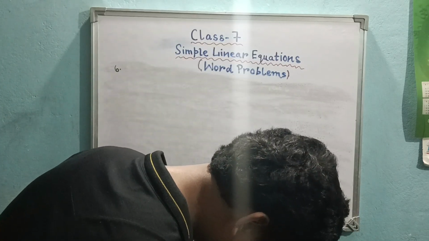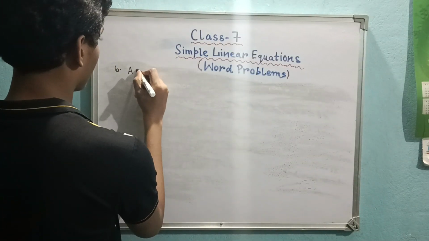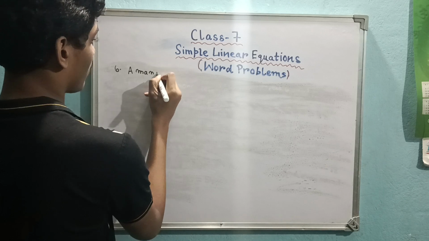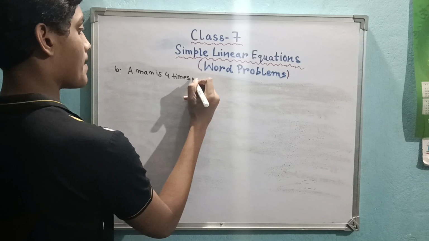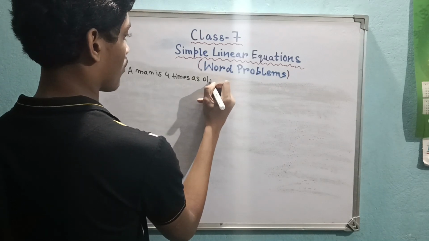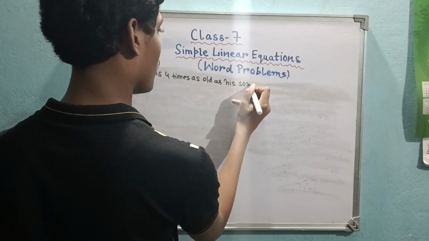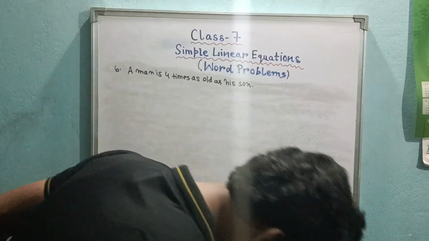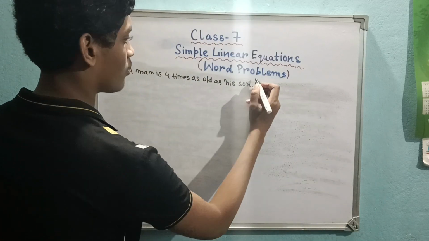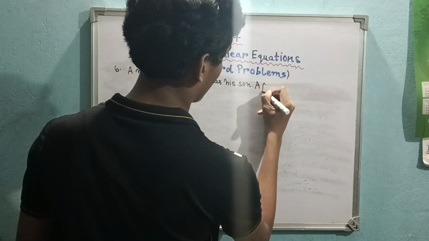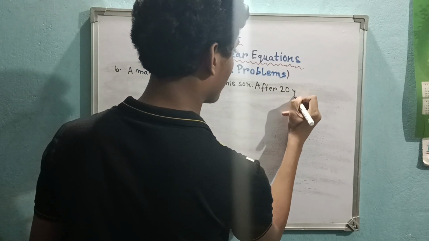A man is 4 times as old as his son. Okay. Now after 20 years. Read every value carefully, guys. It will help you in framing the equation.